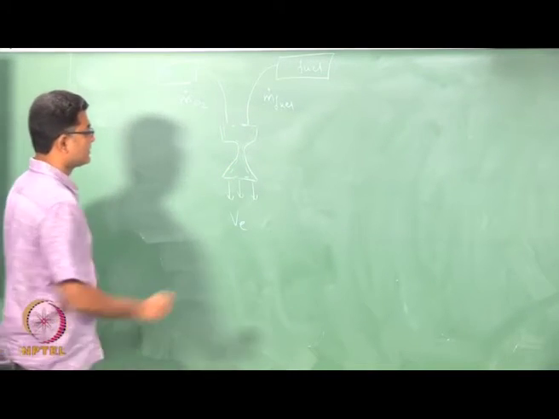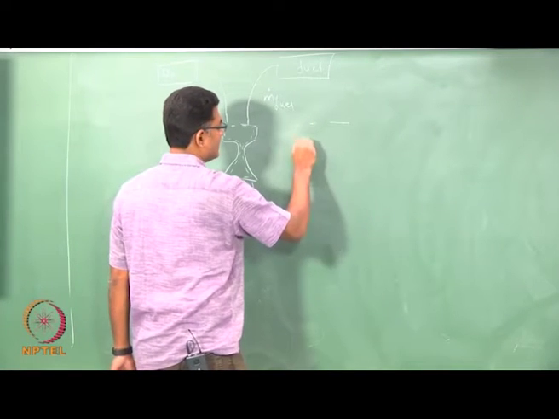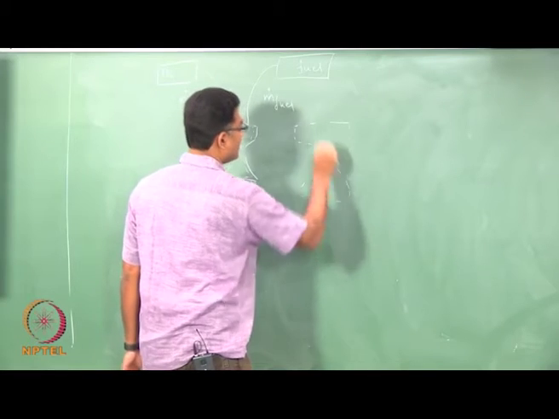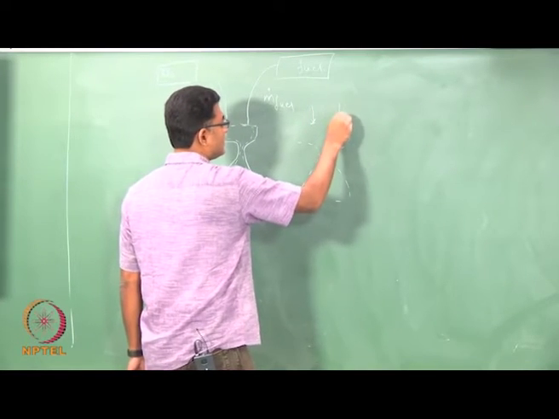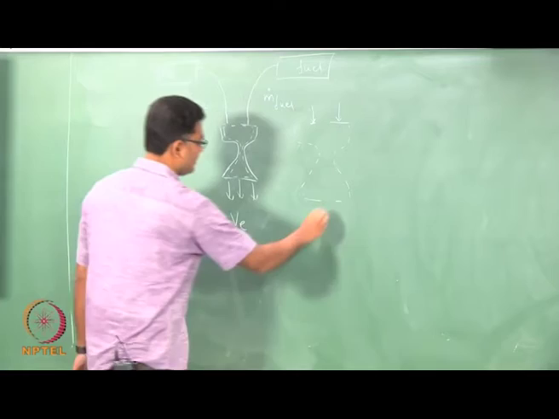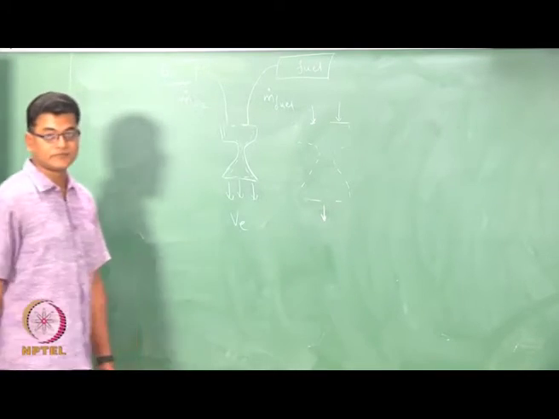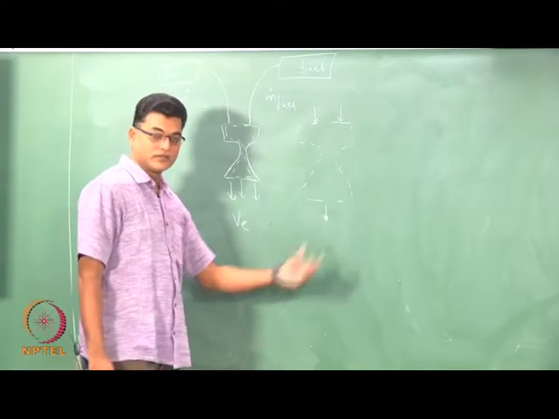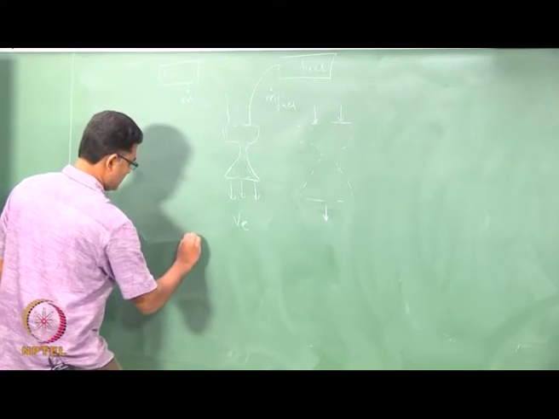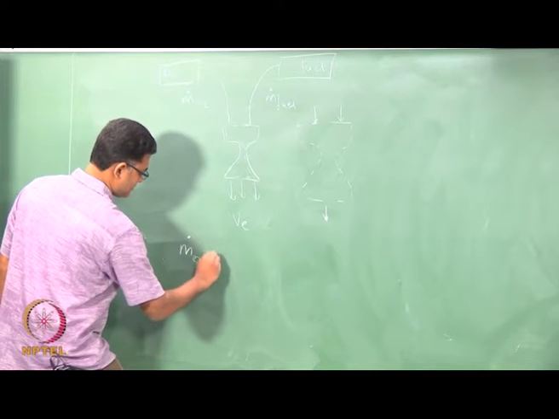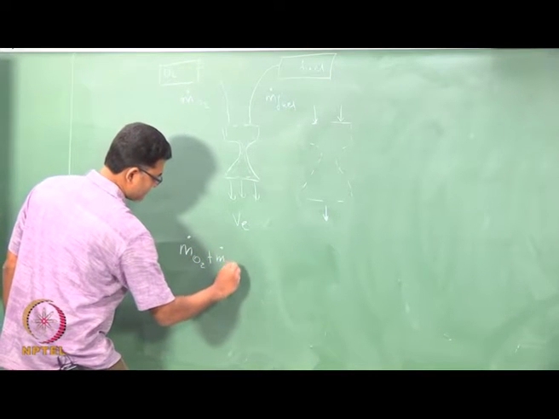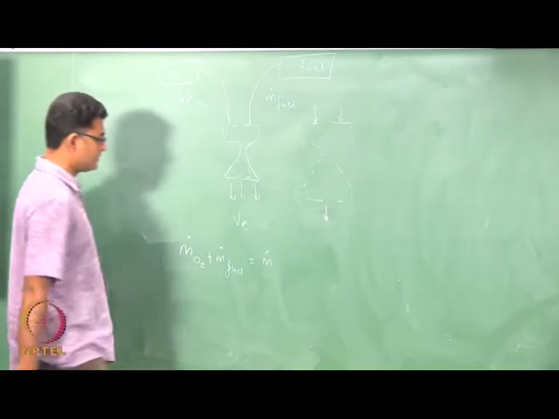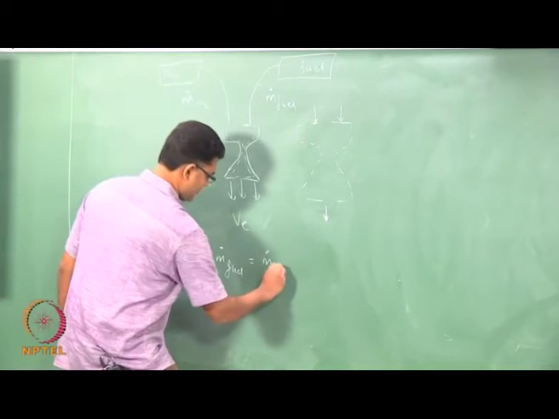The control volume is your rocket engine. You have 2 inlets and 1 outlet. The mass that is going in should go out. So, the mass of O2 plus mass of fuel should be your mass that is going out of the exit.